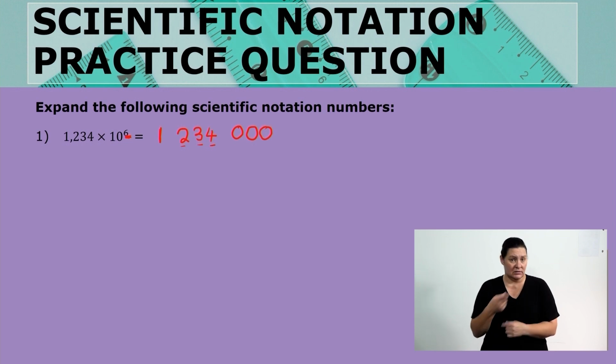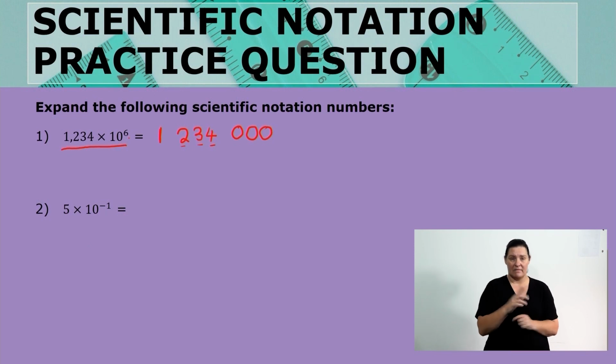So that means that our number, this 1,234 multiplied by 10 to the exponent 6, becomes, when we expand it, 1,234,000. And remember, a million does have 6 placeholders behind it, so that makes perfect sense. I hope you are understanding this.